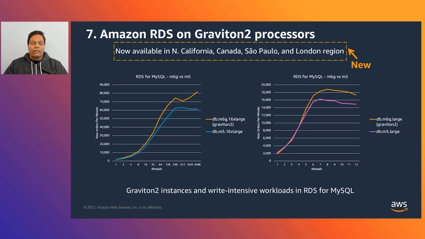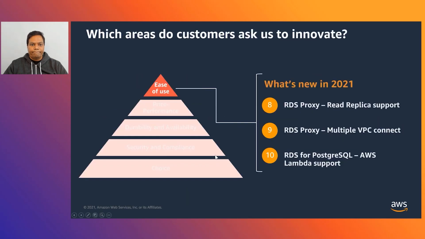The same can be seen on the graph on the right, where we are doing the same benchmark on M5 large instances this time versus the M6g large instance class. Again, the Graviton 2 based instance comes out on top, and it's able to scale much better with more threads and concurrency.